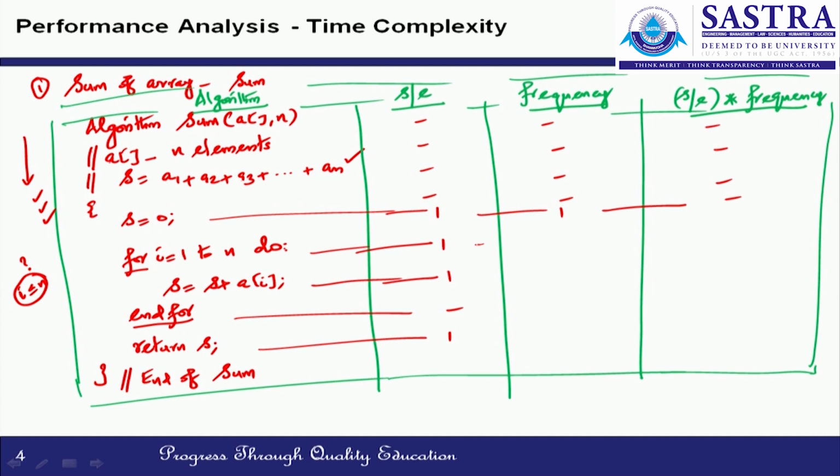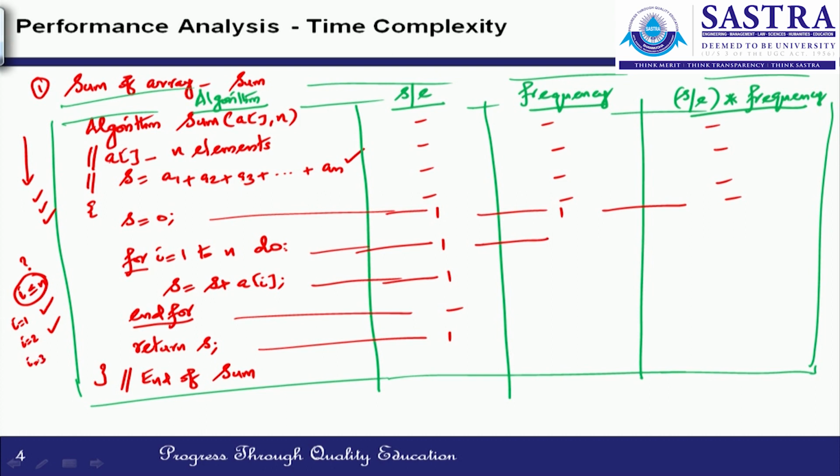Then for I equal to 1 to n do, checking the condition I less than or equal to n. We have already explored that the conditional test I less than or equal to n is tested n plus 1 times. When I is equal to 1, it checks the condition. I is equal to 2, the condition is tested.